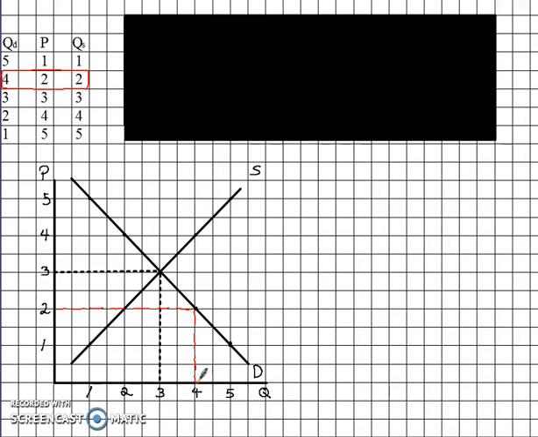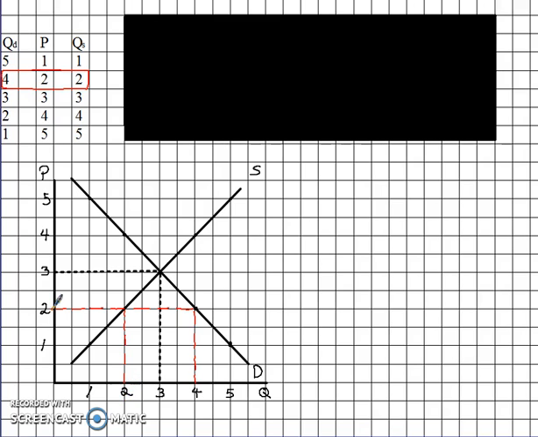Now, what happens on the supply side when the price of the good is $2? When the price is $2, the producers only want to bring 2 units of the good to market. Let's see that on the graph. When the price is $2, come over to the supply curve and come down, producers only want to bring 2 units of the good to market.